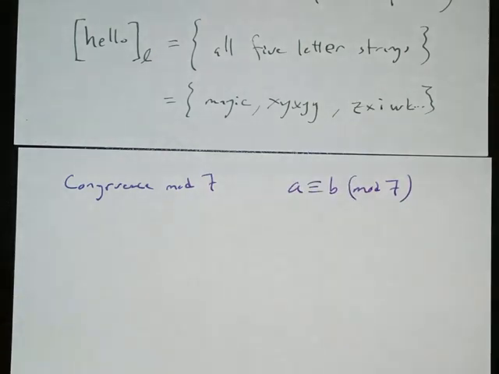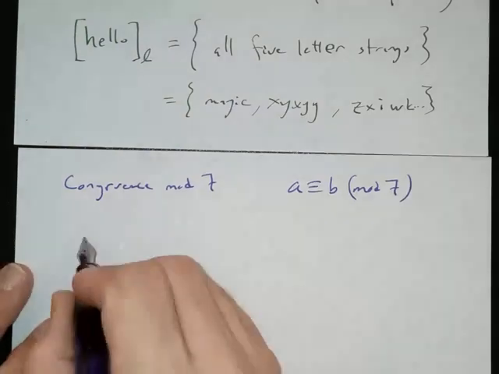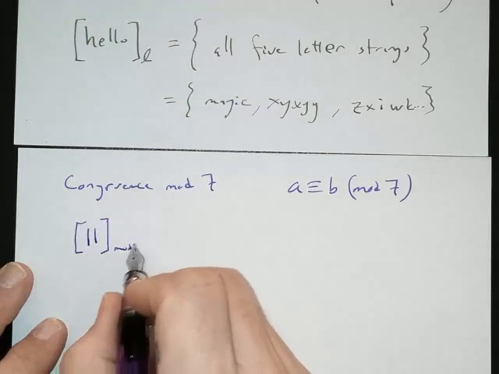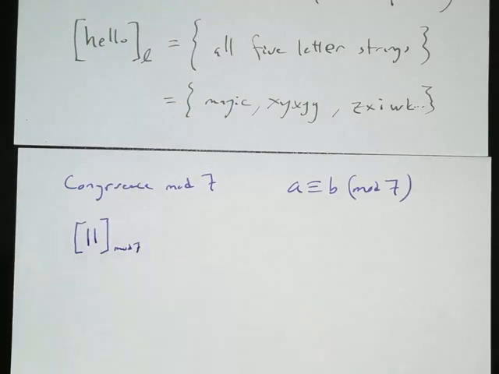Let's look at the classes here. Pick a number other than 7. 11. I would like to know what things are equivalent to 11 mod 7.